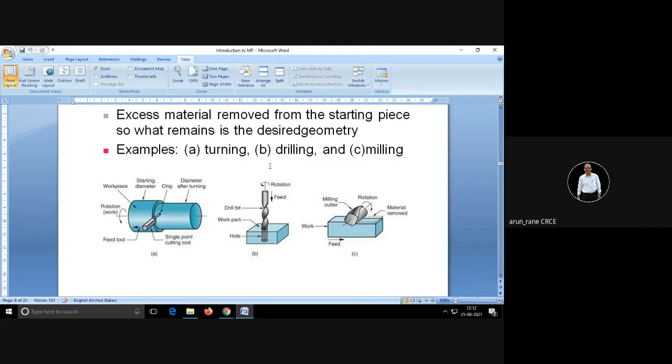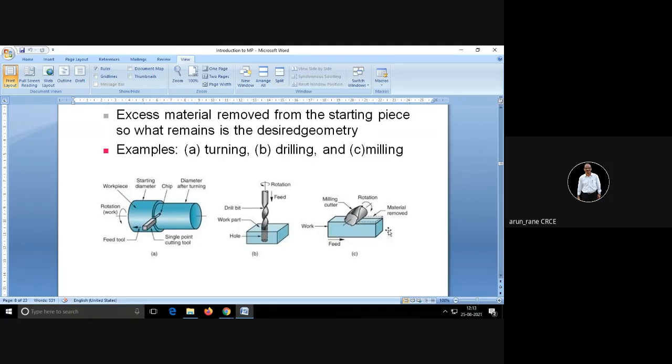You might have seen in small scale industries a drilling machine being used as a milling machine. Many students who are practically exposed might have seen that in small companies they fit an end mill or milling cutter in place of the drill and use it like a milling machine, because the drilling machine table moves in X and also in Y, and the drill can move up and down. So why not use it as a milling machine?